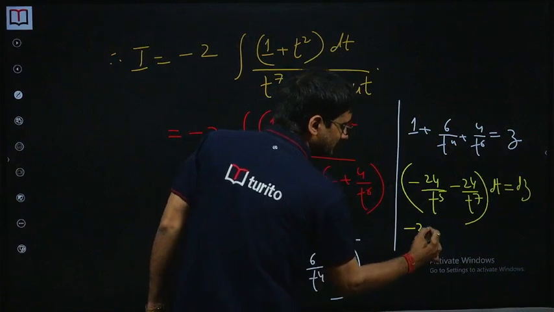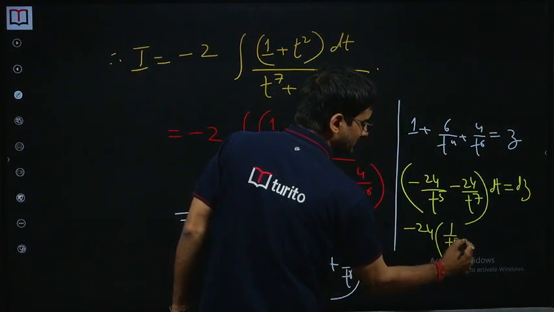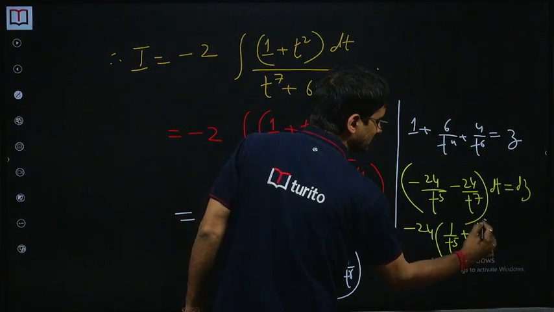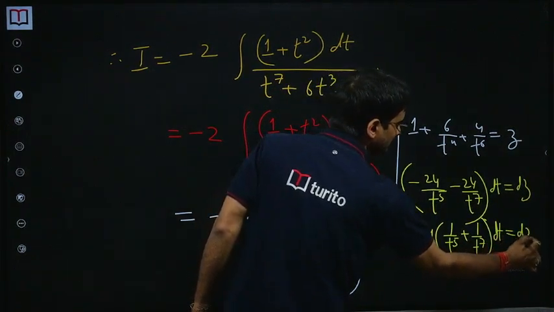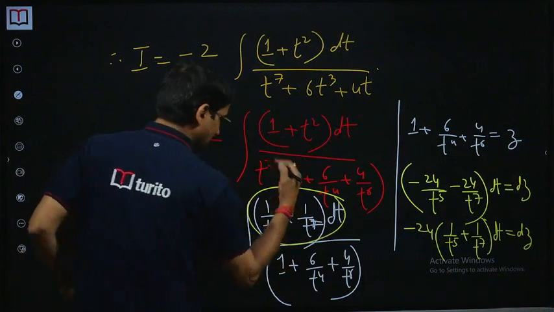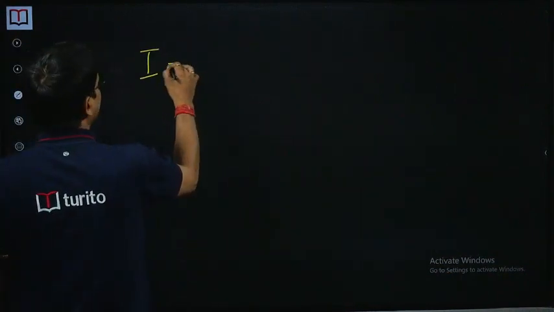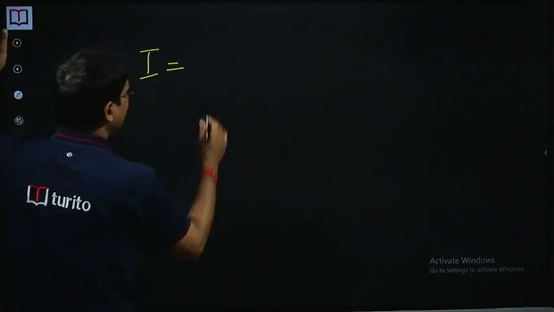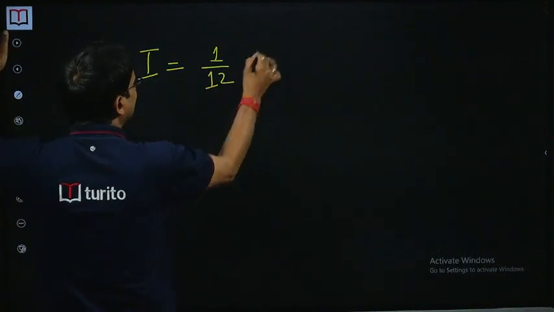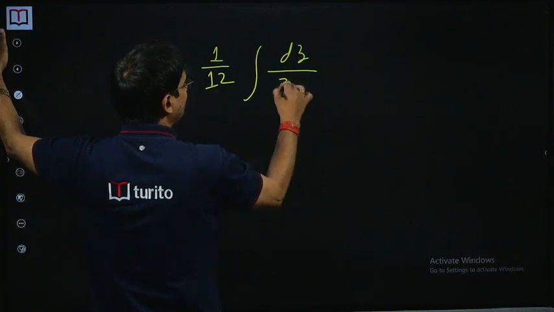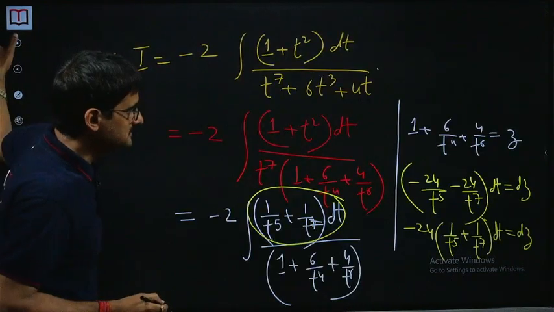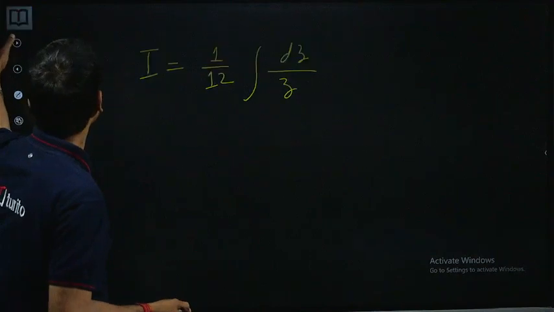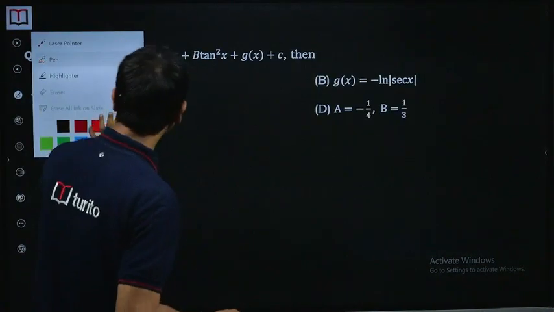So take minus 24 common, and then we have exactly the same expression we have in the numerator. That's it. So the integral is simply and direct, and that is minus 24 will be, so 1 by 12, and this is dz by z, if I am not wrong. Yeah, it's dz by z, so ln of z. That's it. So that was again a good question, I will say.